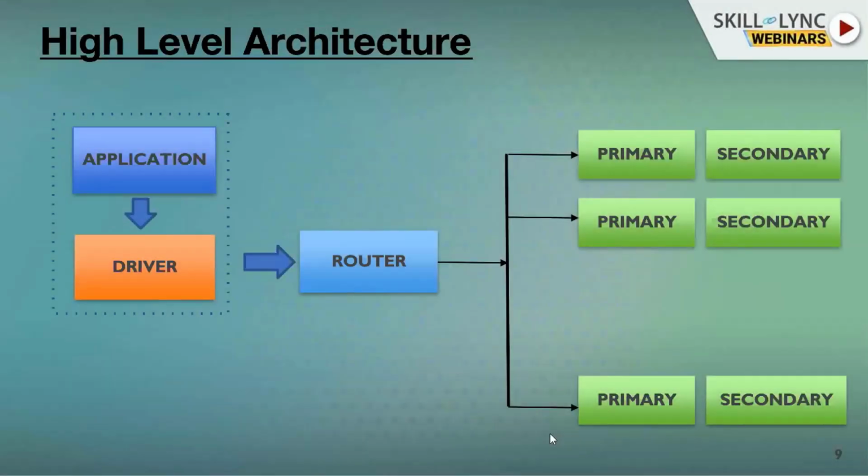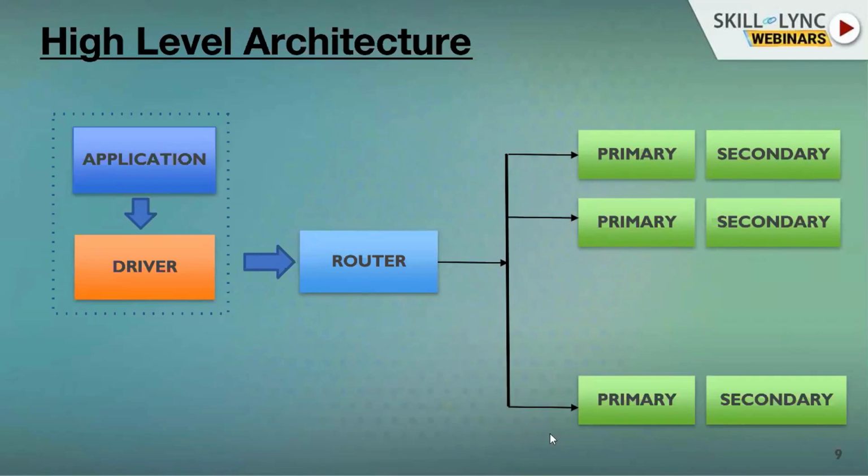Let's discuss the very high level architecture of this MongoDB application itself. Let us assume that there is a web application which needs to retrieve and store data in real time.